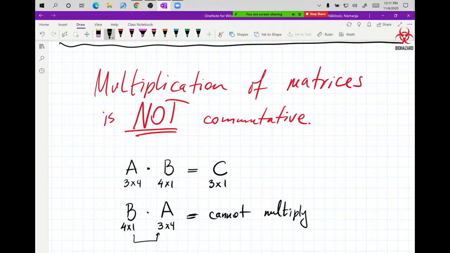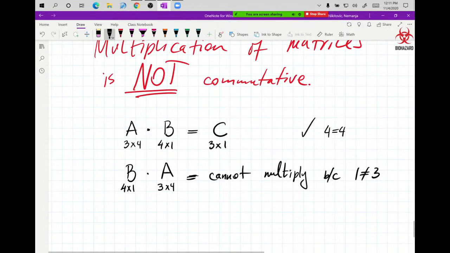Because the inner numbers are not the same, right? This is 1, this is 3. Before they were perfect, 4 and 4. So cannot multiply because 1 is not the same as 3. Over here everything was cool because 4 equals 4. So matrix multiplication is not commutative.